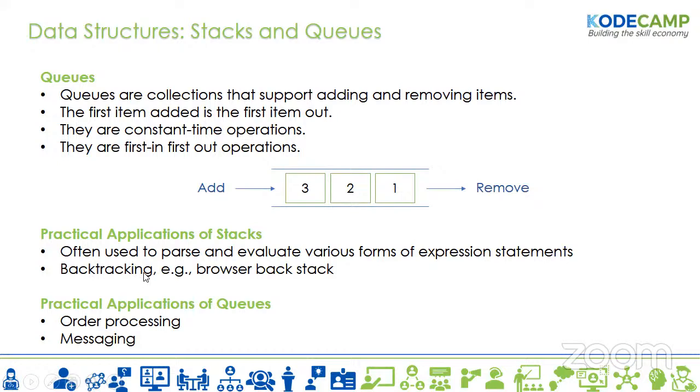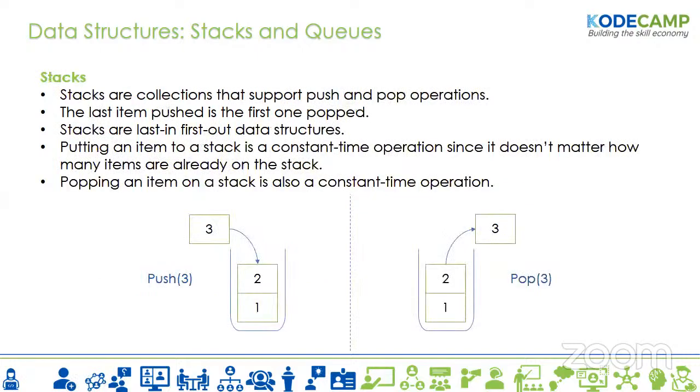Another example is backtracking, and this is in your browser's back tab. If you want to check your history and you click back, it's looking for the last element that was added. So remember, it is last in, first out.